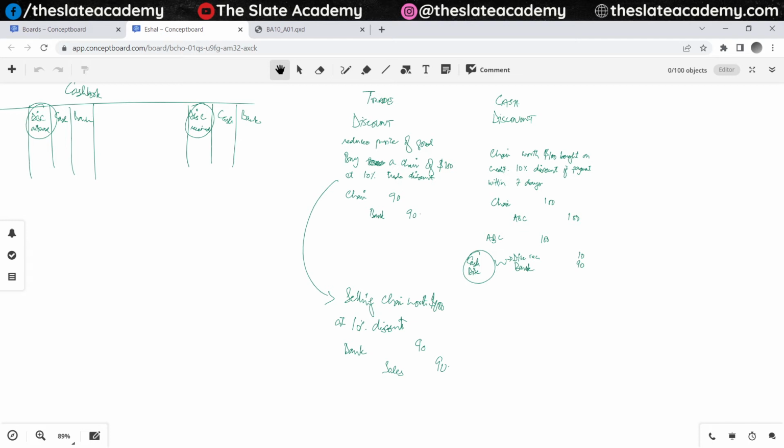And if it were a situation of cash discount, then selling a chair worth $100 on credit, and 10% discount if payment within 7 days.